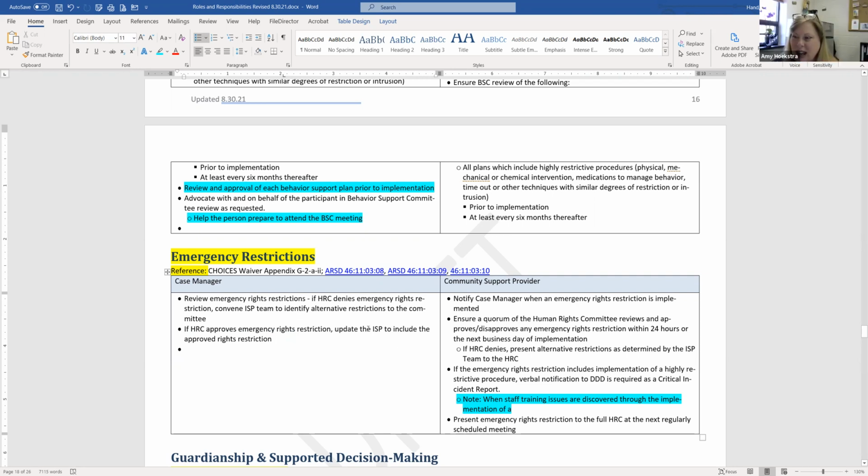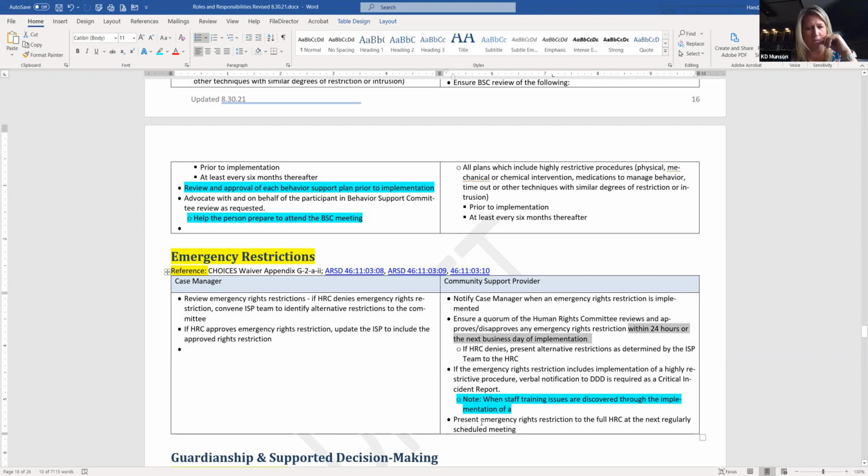Because there's no consent forms for emergency rights restrictions because they're done after the fact. So what you're doing is a notification. Right. The rule requires 24-hour notice, not that it's present at, for emergency rights restrictions. The last bullet.